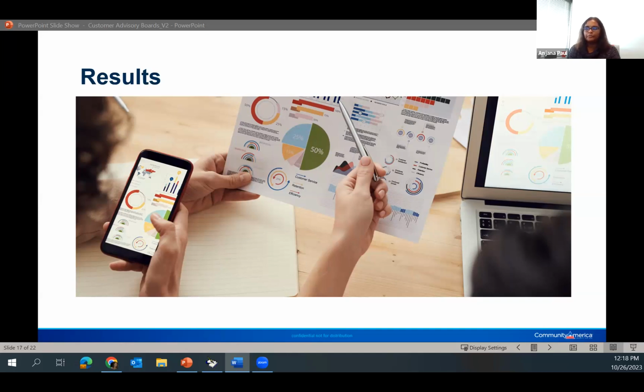The customer advisory board helped us identify roughly 16 usability concerns and helped inform 7 design decisions. We also found that using the customer advisory board evoked high levels of buy-in for the feedback from our business, product, and development teams as well.